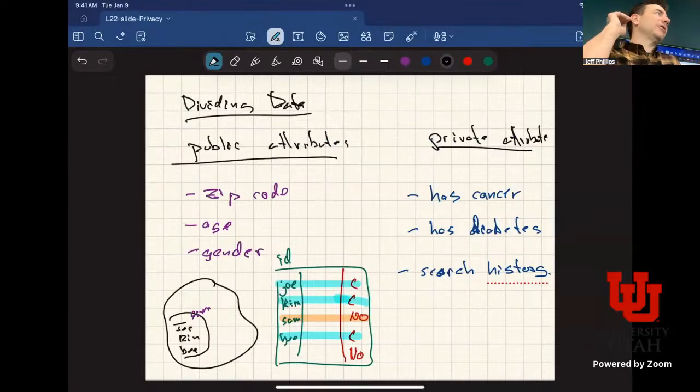That information could be the location of where they live, which I've rounded, the age group they're in, and their reported gender. So I know how many people live in a certain part of the map, and within that, what fraction are a certain age group and what fraction are a certain gender. And I can release records of all the people in here and say they all have this.